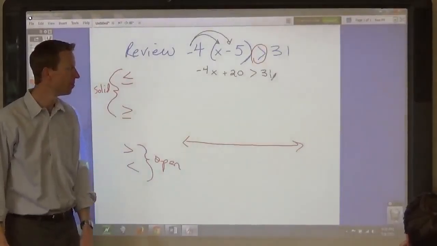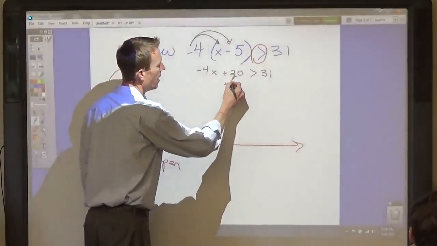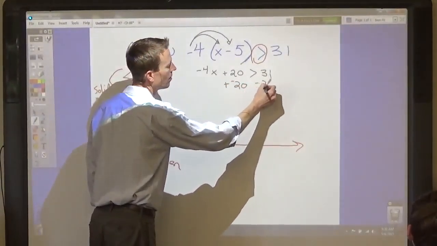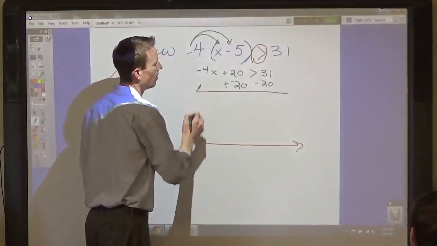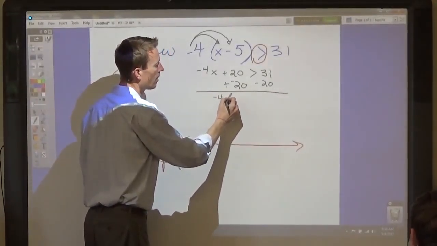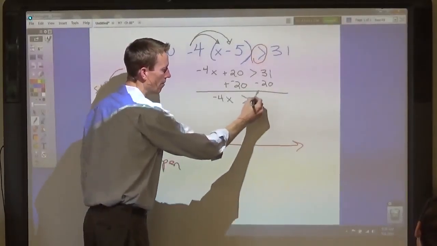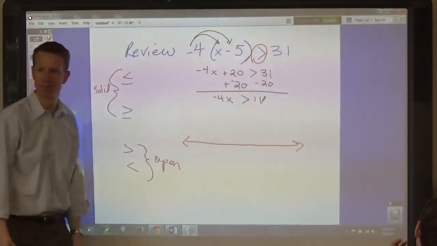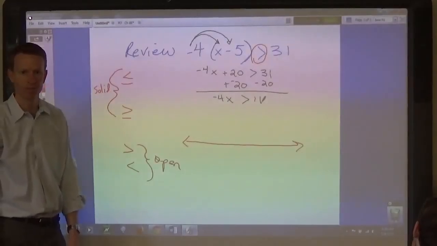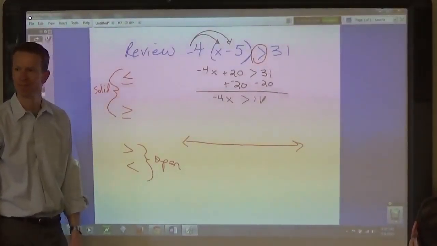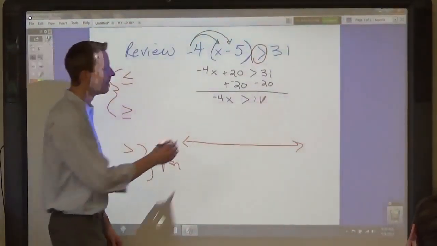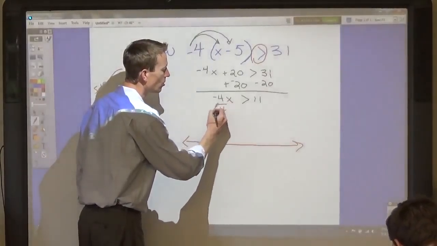Then you add -20 to both sides. So -4x is greater than 11. Then what? Divide by -4 to solve for x.